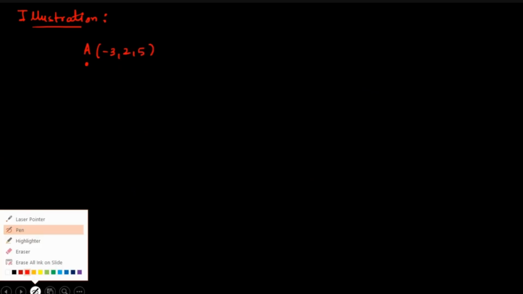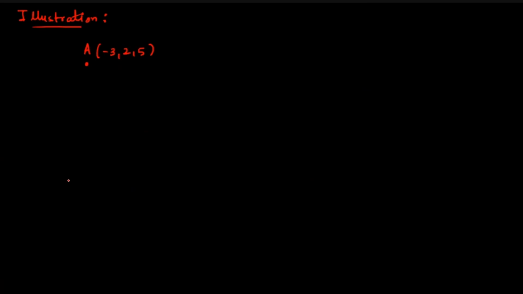Okay. So again, I'm assuming that initially a particle was at point A. You can consider it as an illustration. The coordinates of this point is -3, 2, 5. And the particle was roaming here and there, and it went from this way to this and it reaches point B. This point B has certain coordinates 4, comma 5, comma -2.